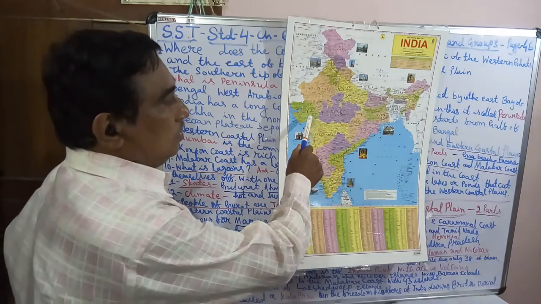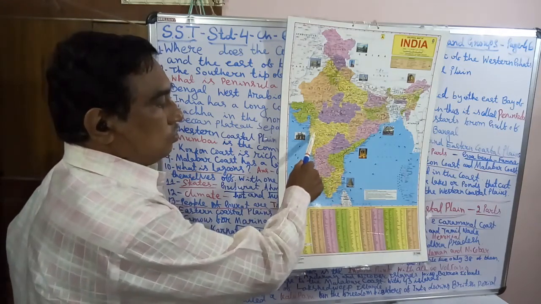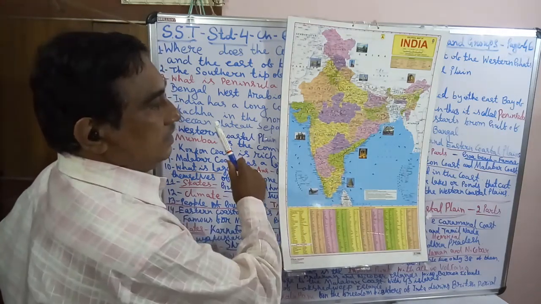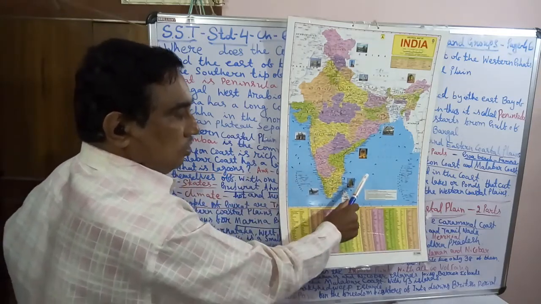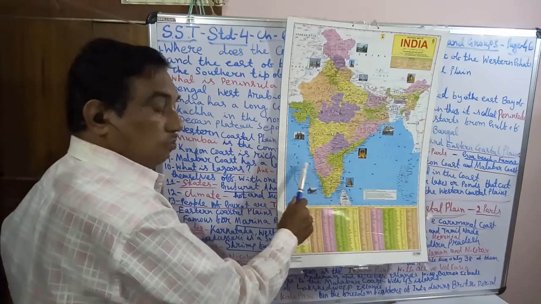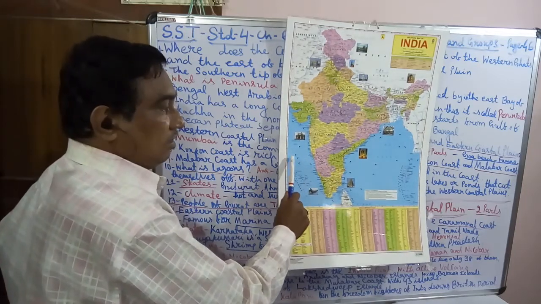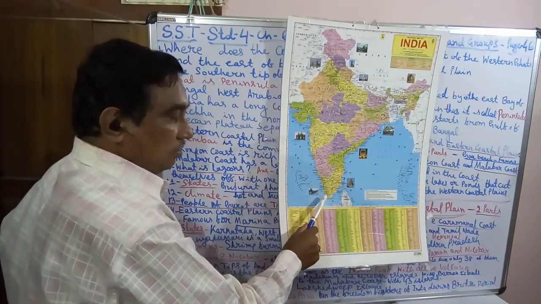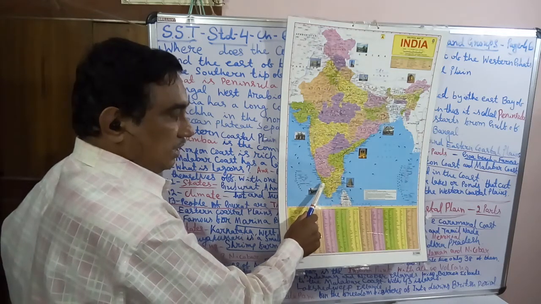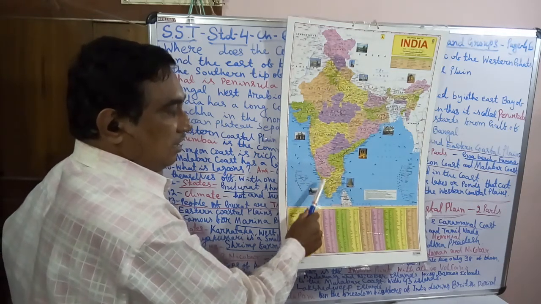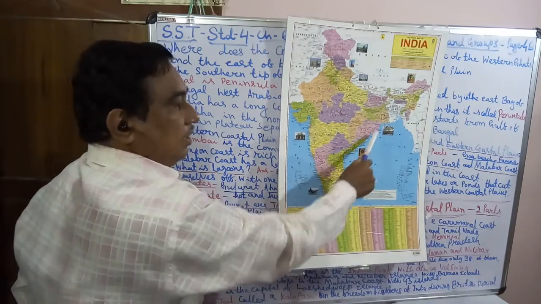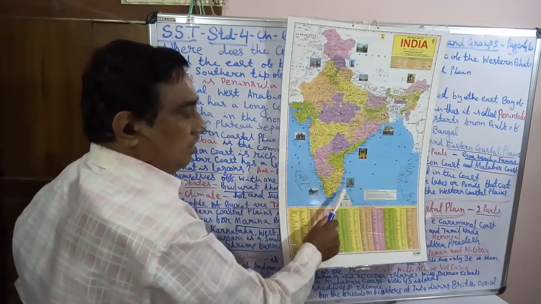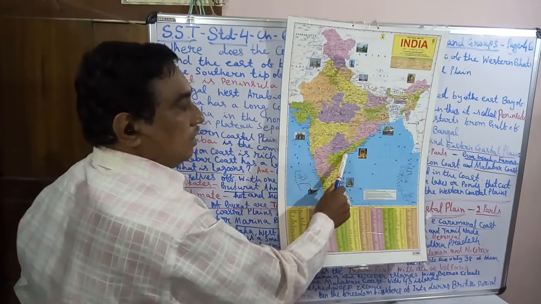The coastal plains are near the sea, near the ocean. This is the Arabian Sea. The ocean touches the land, and that is the coastal area. And here the Bay of Bengal touches the land, that is the eastern coastal plain.